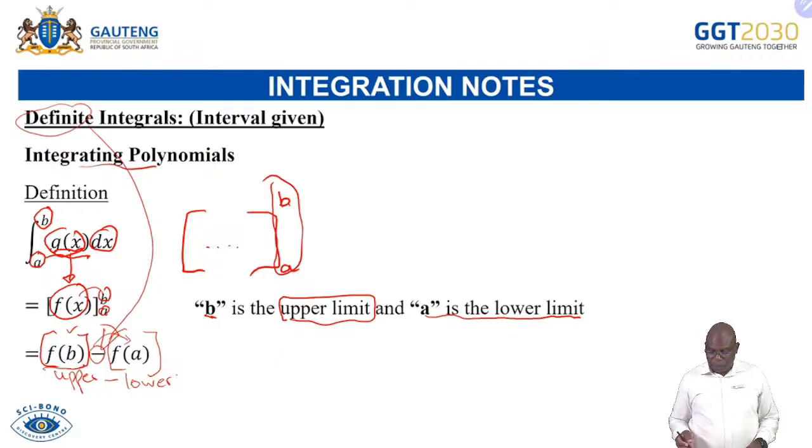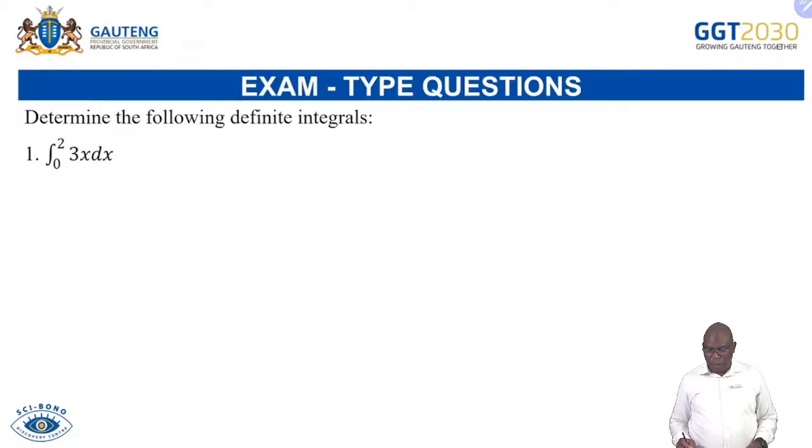All right, now let's check what I'm talking about. Determine the following definite integrals. So when we say definite, it means that we're having a number in there and a number there. In this case, it's 3x. So we're doing the same thing that we were doing, but now what has changed is that now we are substituting.